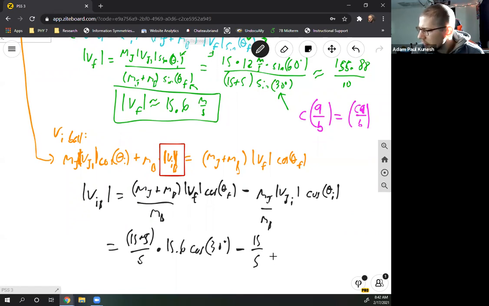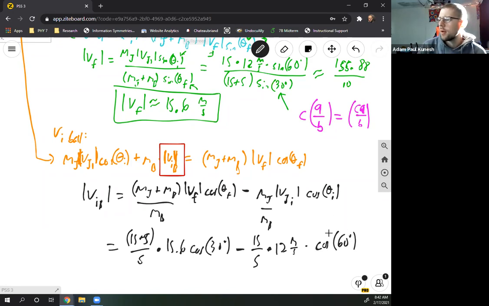Again, it's not a big enough dog to catch this ball. Times the initial velocity of Jersey, which is 12 meters per second, given in the problem statement, times cosine of 60 degrees, the initial angle with which Jersey catches the ball.